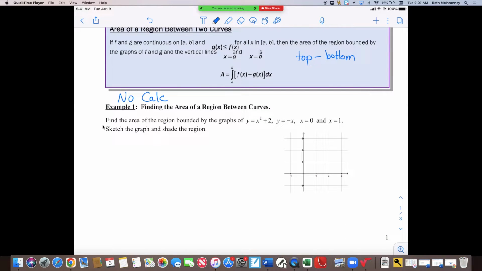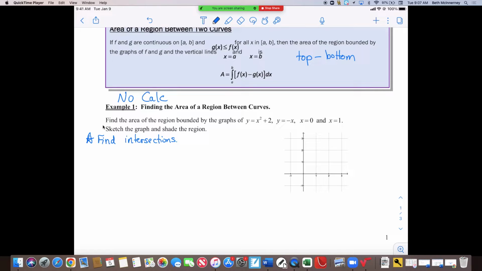It says find the area of the region bounded by the graphs of y equals x squared plus 2, y equals negative x, x equals 1, and x equals 0. So one of the first things I do is I find any intersections.